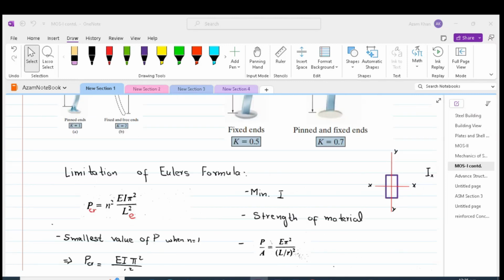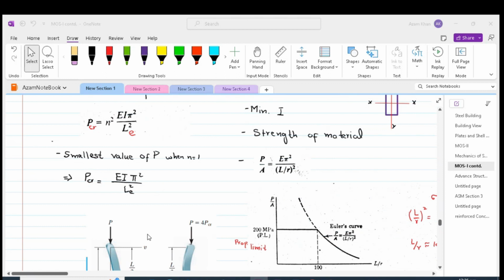E is the modulus of elasticity for the material. I is the least moment of inertia for the column's cross-sectional area. Then we have pi squared, divided by effective length LE, which is the unsupported length of the column whose ends are pinned.